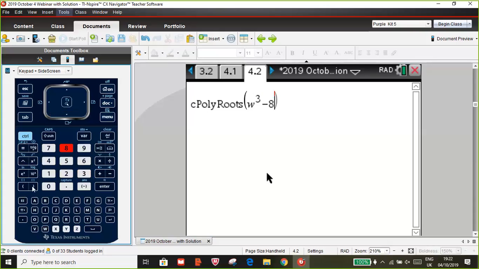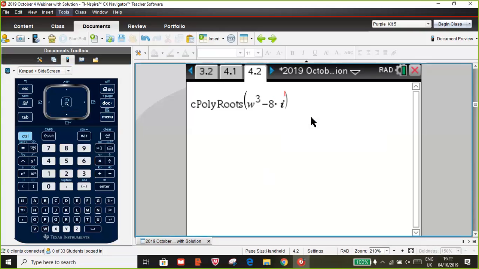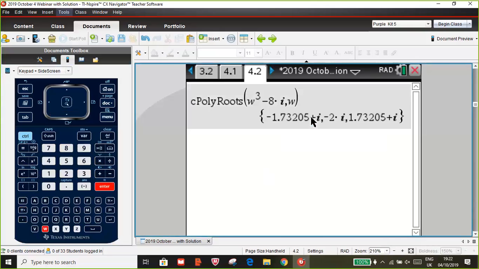Because it's w cubed equals 8i, I just bring the 8i over, so that's why it's minus. Remember, there's no need to put an equal sign. Put a comma, tell the calculator that you're solving for w, and you get these three answers if you look carefully. One of them is negative 1.732, which hints to be root 3, I think. And the other one is minus 2. Okay? So, because we want the answers in Cartesian form, right?